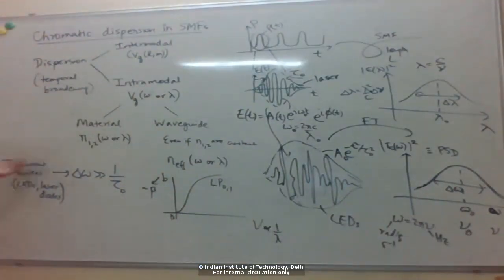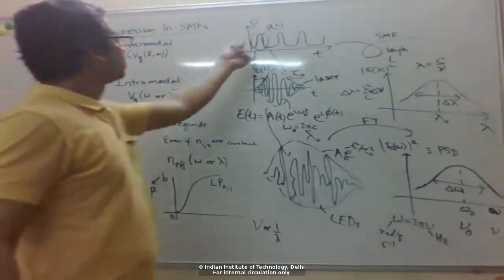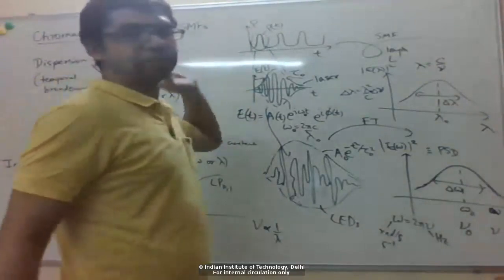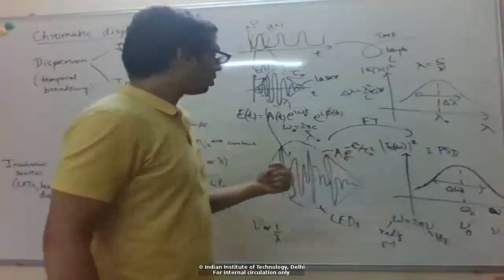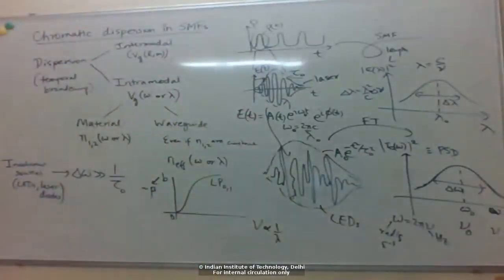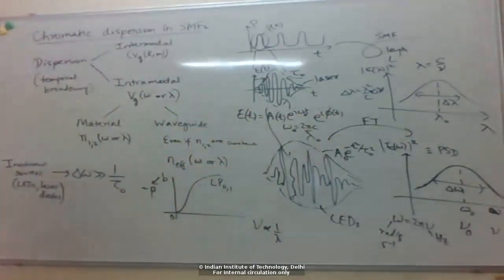Okay, so basically the point is for these kind of incoherent sources, the pulse width really doesn't matter. So what is the duration of these pulses, what data rate you are operating at, that really is immaterial. The bandwidth, the frequency content of the optical signal just depends on my source, because these phase fluctuations are what determine the spectrum.